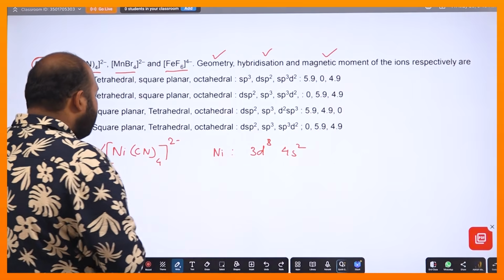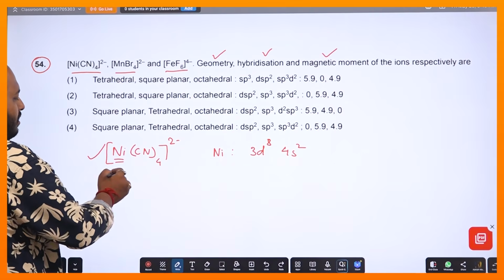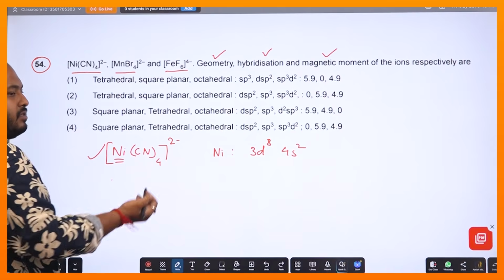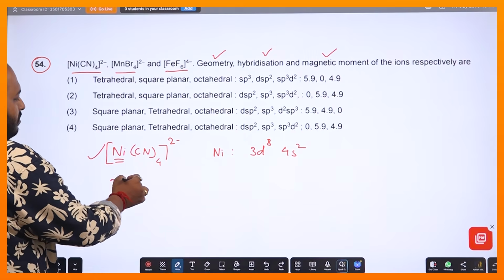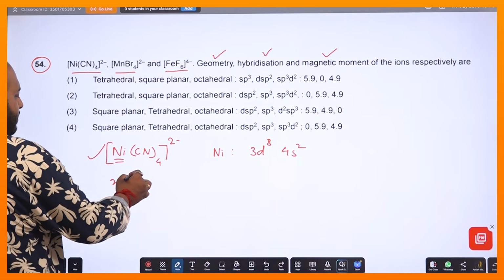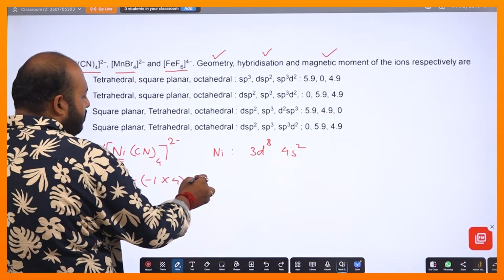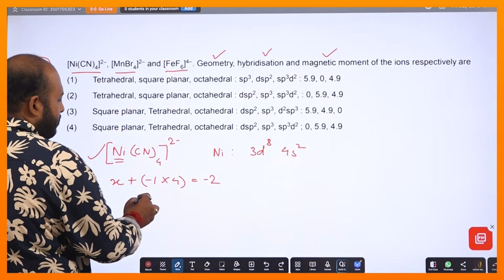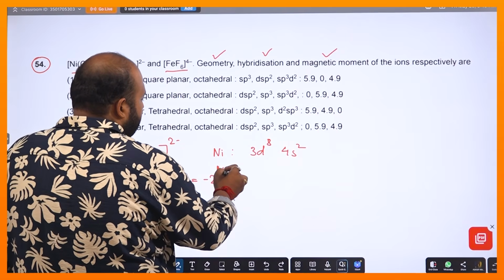Let us find out the oxidation state. You all know how to find it. Let us consider the oxidation state for nickel is X. For cyanide it is -1 into 4 equals -4, and the overall charge is -2. So X equals +2. So nickel is in +2 oxidation state.